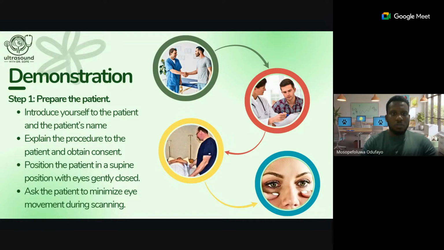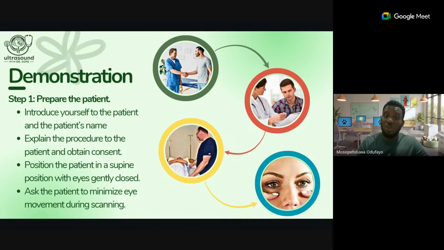So prepare the patient, ideally in an excellent manner, to achieve excellence in your investigation. The first thing you need to do is to introduce yourself to the patient and confirm the patient's name. You explain the procedure to the patient and obtain consent. Tell the patient, I'm going to be checking your eyes.